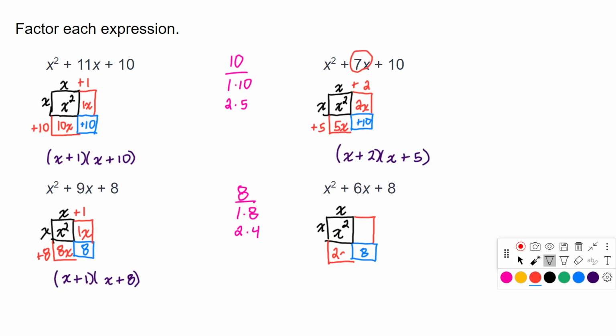So 2x, 4x, we're adding 4, we're adding 2. When I multiply those together, I do get a positive 8. So this factors as x plus 2 times x plus 4.